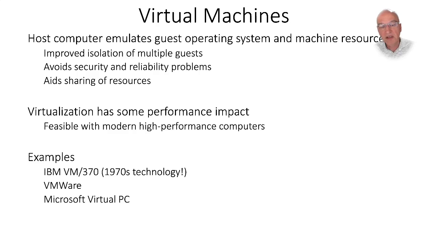Examples of virtual machine would be a virtual machine for the IBM 370. This is 1970s technology, so there is nothing new with virtual machines. It's just that what happens today is that there is enough processing and memory capacity in the machines that we can use virtual machines for many more applications than we could use in the past. Other examples of virtual machines are VMware and the Microsoft Virtual PC.